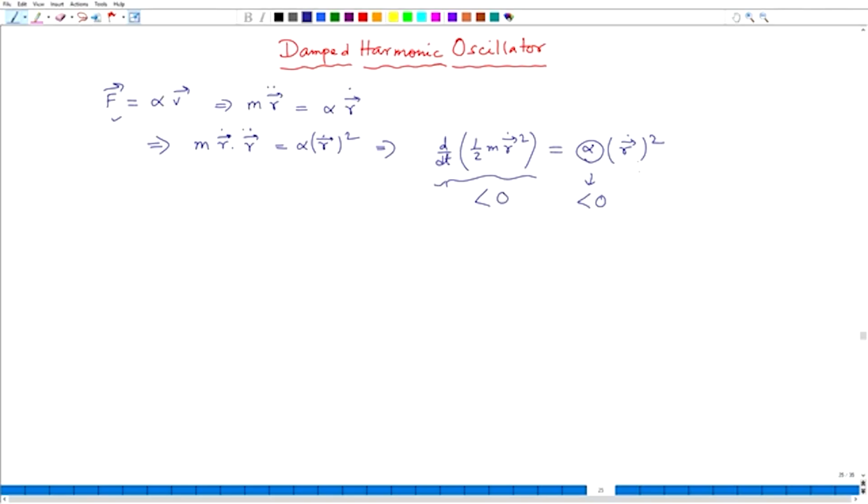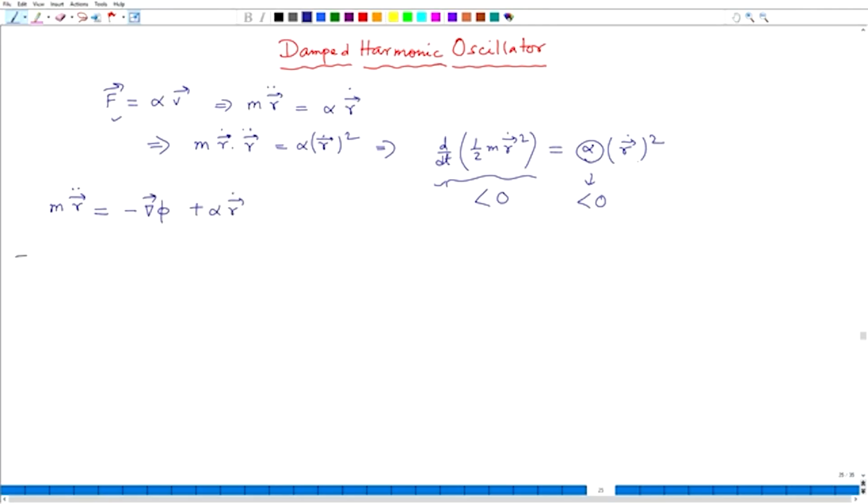In the same way, you can think that the particle is moving under the influence of a conservative force field, force equal to minus gradient of phi, plus another force field like this.